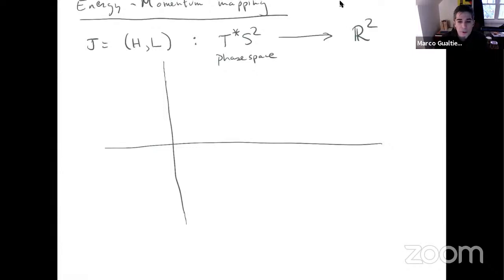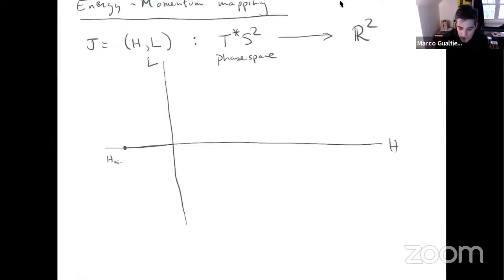So what could the energy be? Well, the minimum energy is when it's not moving at all and it's just at the bottom. And that will be some minimum energy, H minimum. This is H and this is L. It's not important whether it's negative or positive. We just have to decide what the minimum energy is.